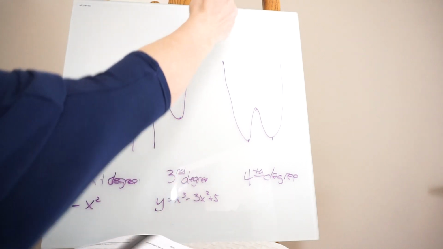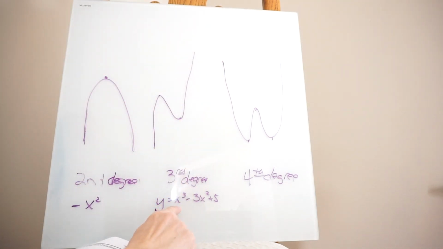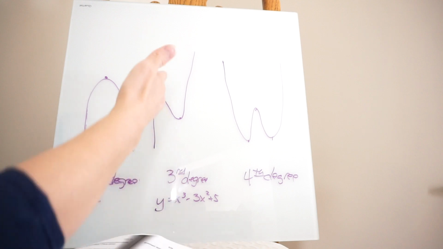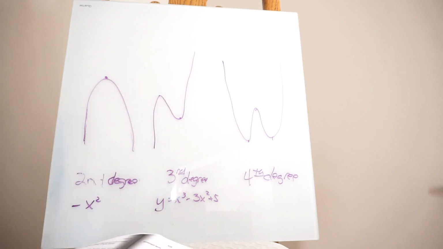So as you get very large numbers, you're just going to continue going up positively. If it was a very large negative number and you cubed it, well, when you cube a negative number, it's going to remain negative. So as you get very large negative numbers, that's going to continue on negatively.